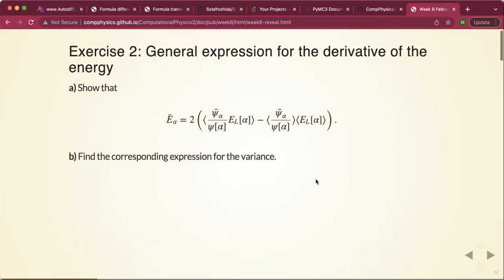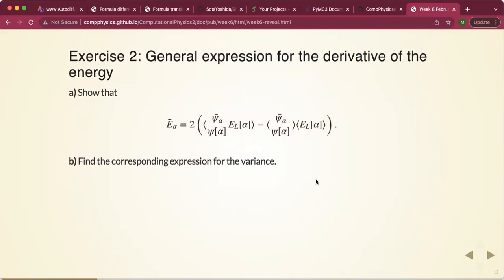Then the exercise which you were given last time was actually to convince yourself, when you use the hermiticity of the Hamiltonian and you use the chain rule to calculate the derivative of the expected value of the local energy, you should get this expression here. And this is the one which we need to program.